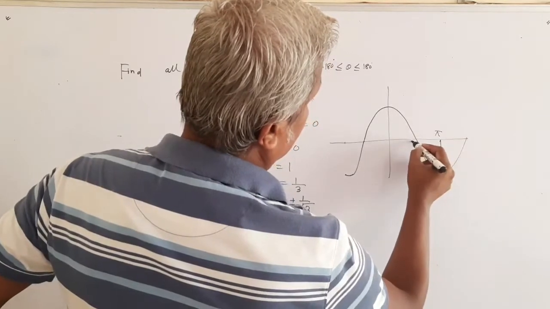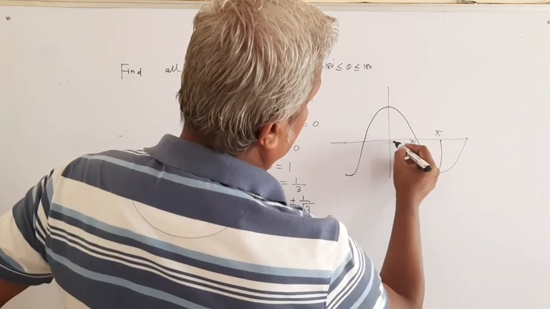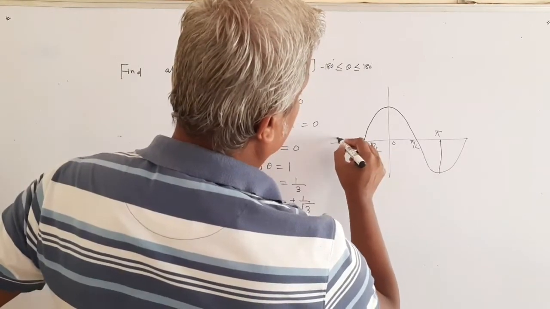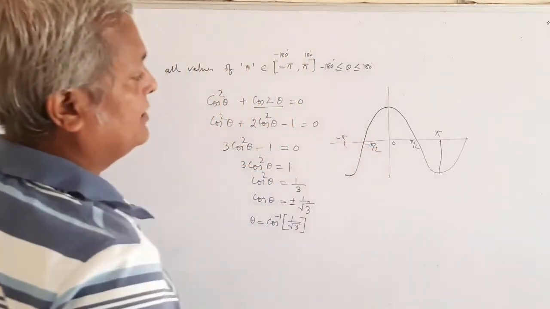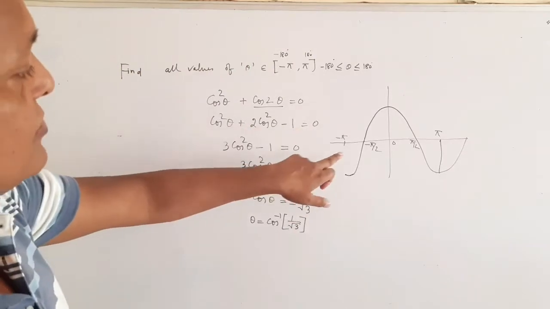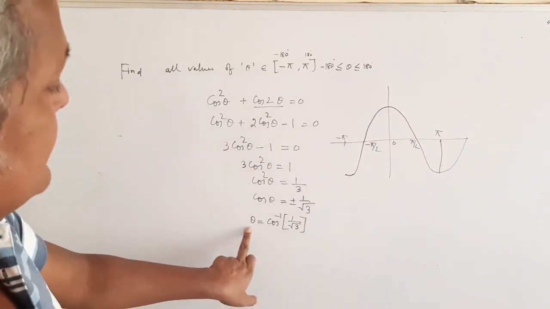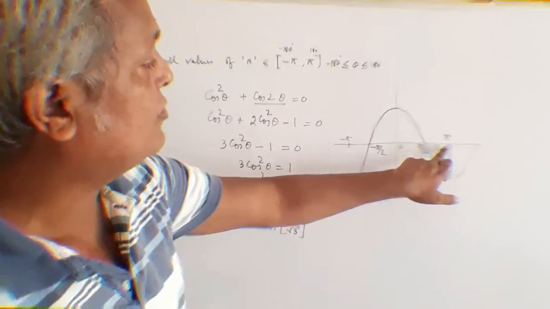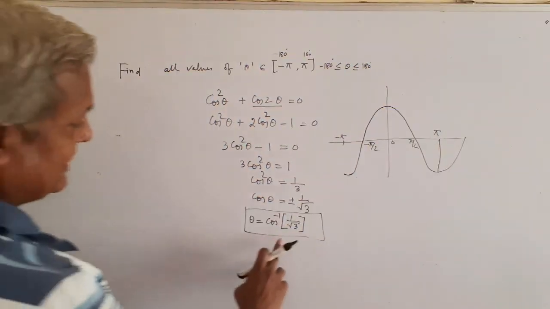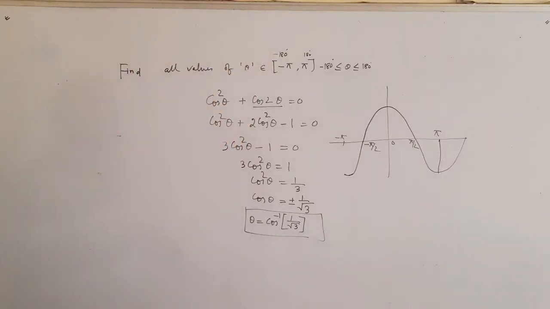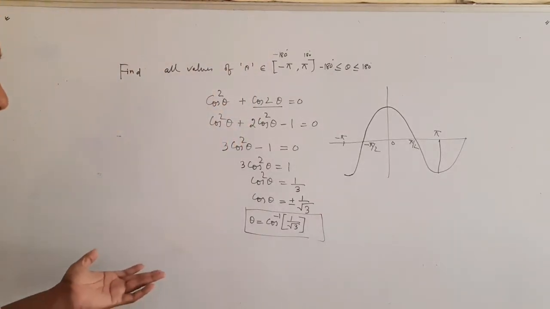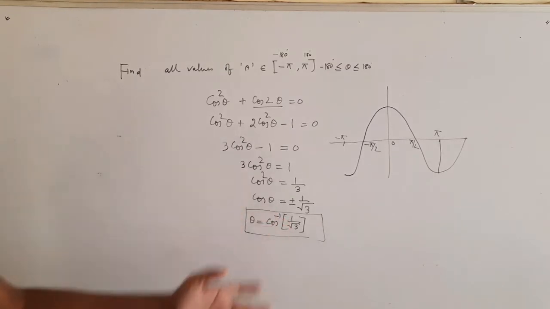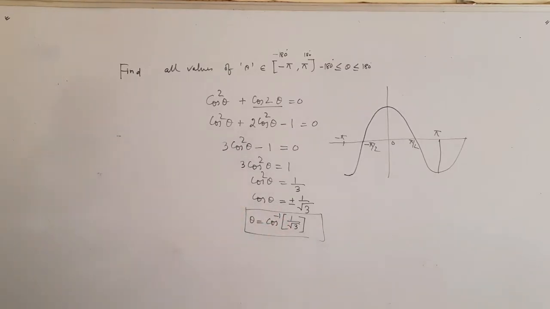So this is pi, this is pi by 2, this is 0, this is minus pi by 2 and this is your minus pi. So we have to find the values of this line between minus pi and pi. If you use a calculator in IGCSE and the IB board, a calculator is allowed. For the Indian boards, they will not ask you this kind of question, but you can think that way.